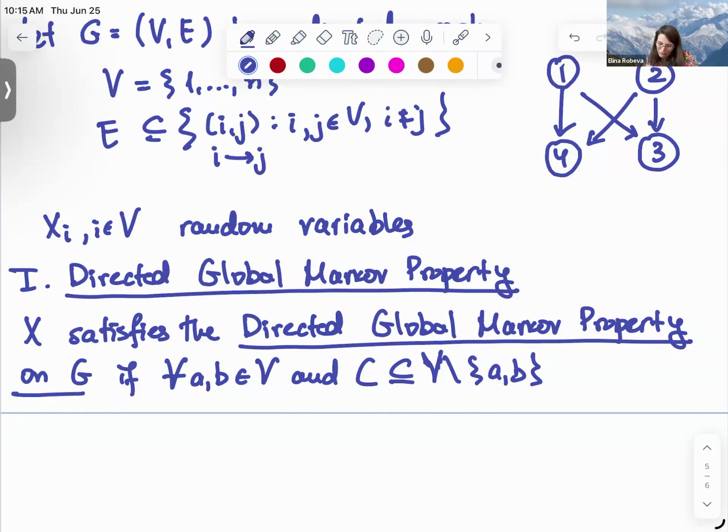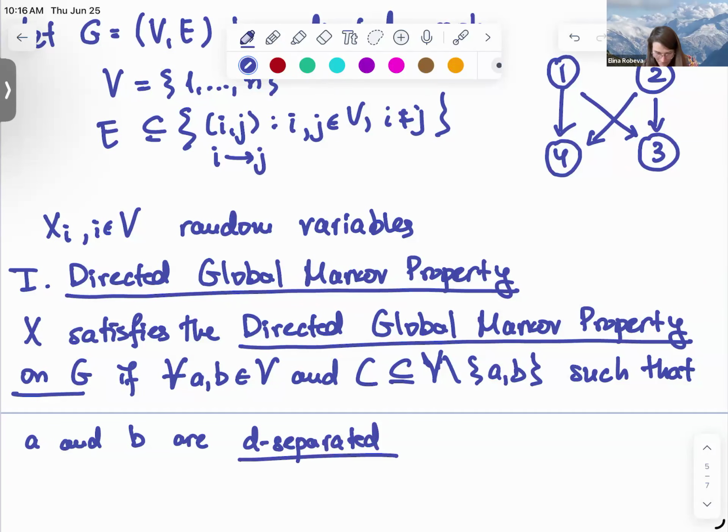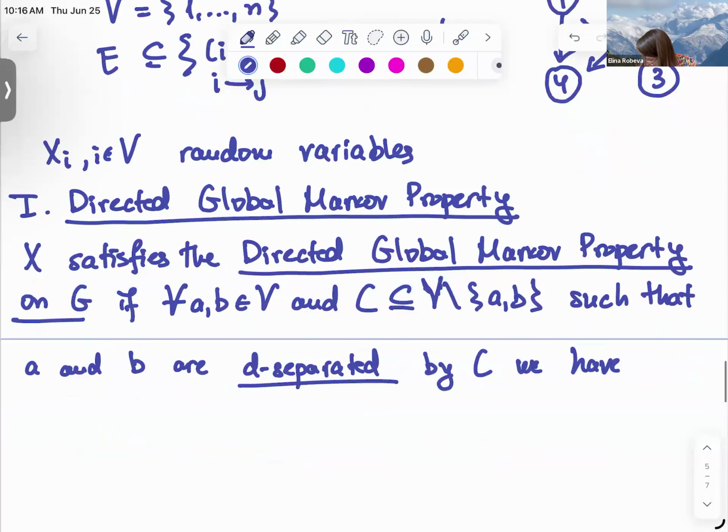just like before, we would be wondering whether A and B are separated by C, but it's a bit of a different definition. So such that A and B are something called D-separated by C, we have that X_A is independent of X_B given X_C.